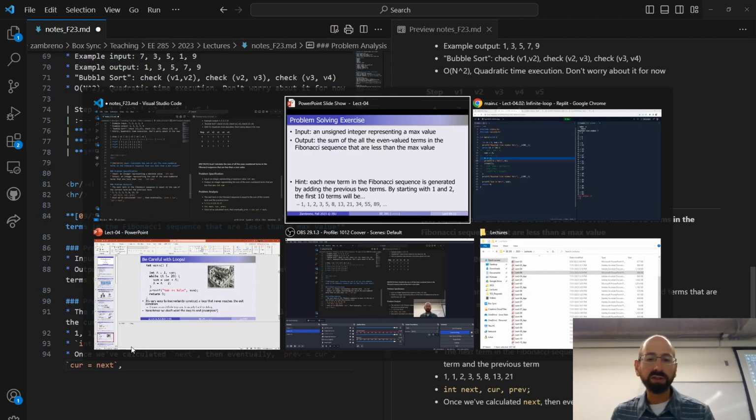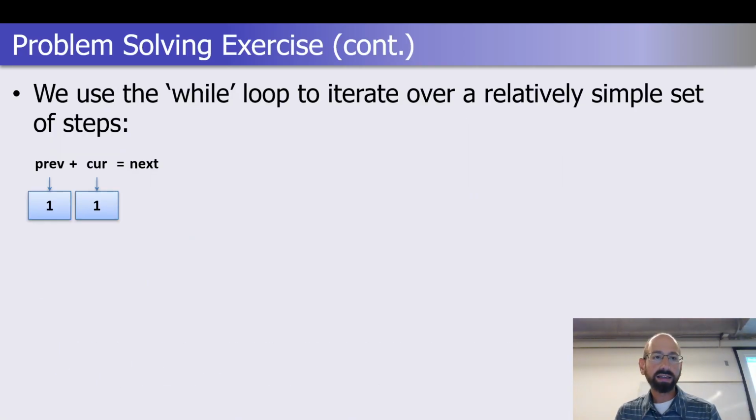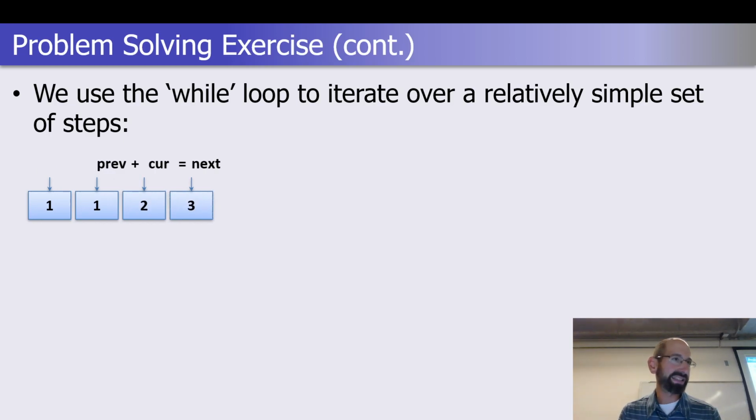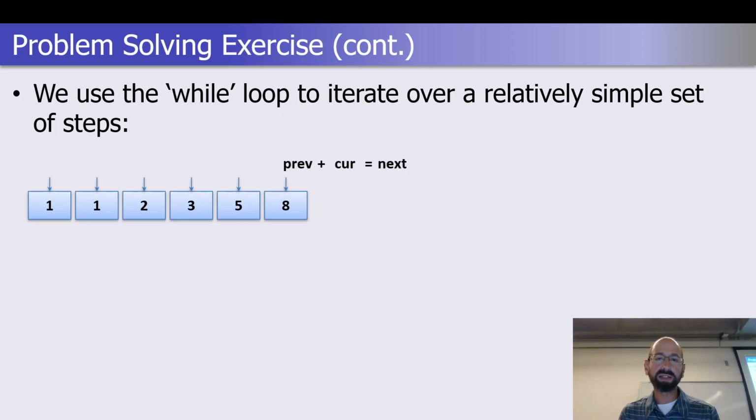I have a small visualization of using a while loop to do that. We have previous, we have current, we're calculating next, we've calculated next, and we have to slide things over. Previous and current, calculate the next. It's a little bit misaligned, but conceptually that's what we're doing there.